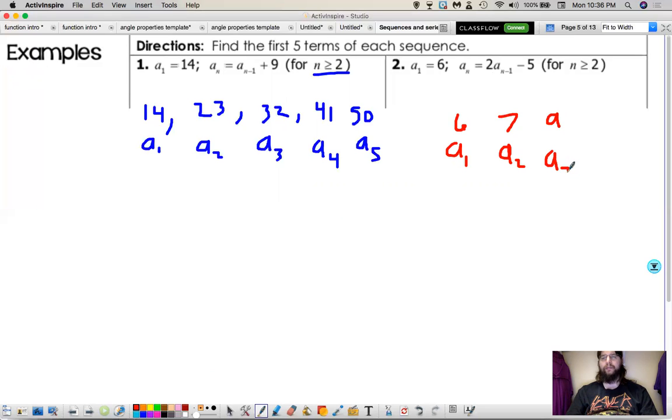14 minus 5 is 9. That's A3. 2 times 9 is 18, minus 5 is 13. That's A4. 26 minus 5, well, that's going to give us 21.